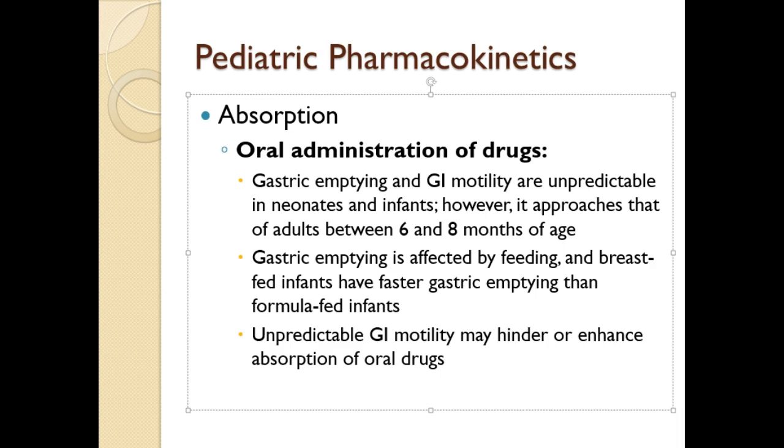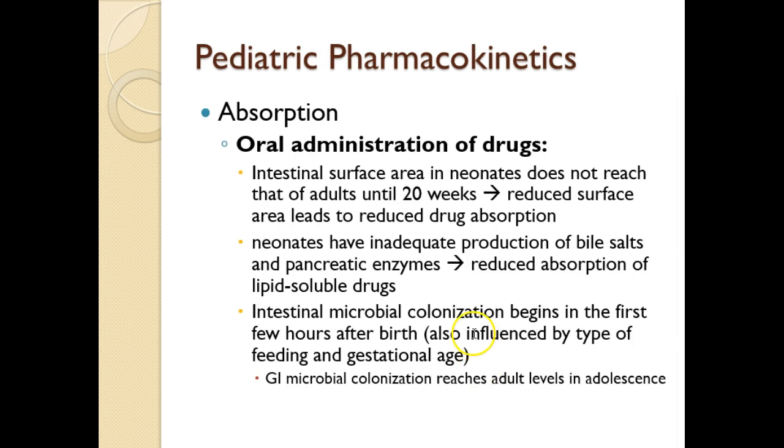Gastric emptying could be affected by feeding, and as observed, breastfed infants have faster gastric emptying than formula-fed infants. So again, this is all related to the unpredictability of GI motility in this population. Their intestinal surface does not reach that of the adult levels until 20 weeks.